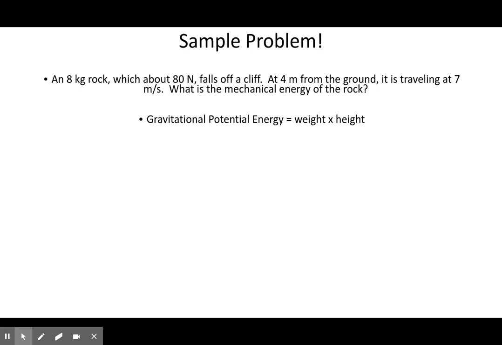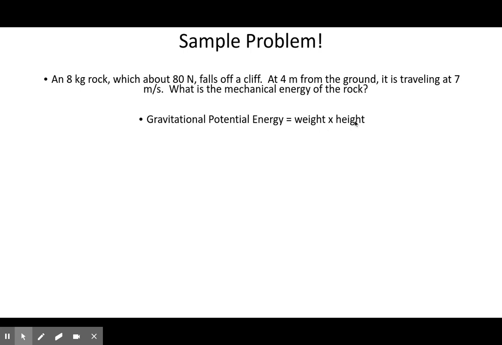So let's start off with GPE, which is weight times height. Now, out of all of these numbers, only one of them is the weight. Because weight is different from mass, mass is in grams, weight is going to be in newtons. So we have to use the 80 for our weight.